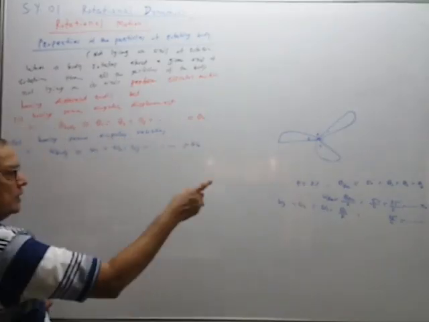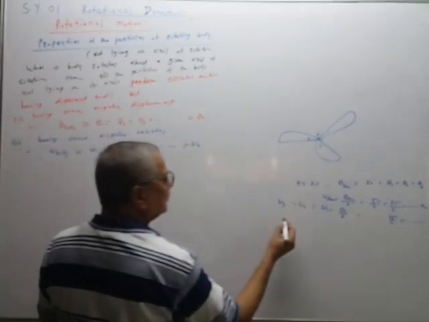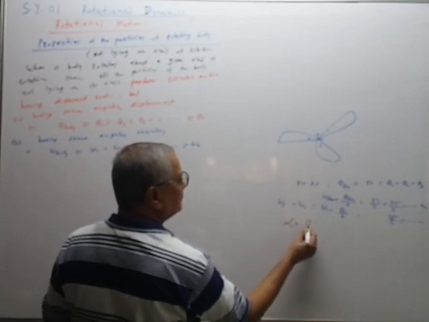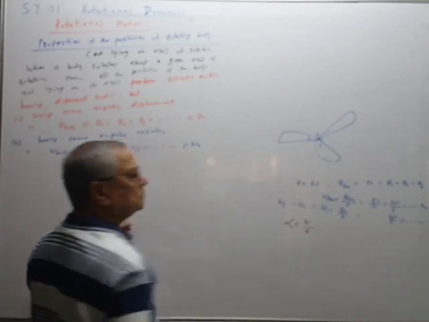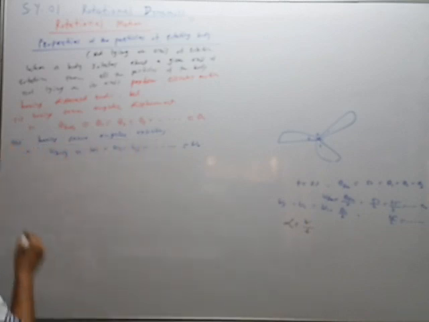So if theta and omega are the same, then alpha will also be the same, because alpha is given by change in angular velocity, omega by t.